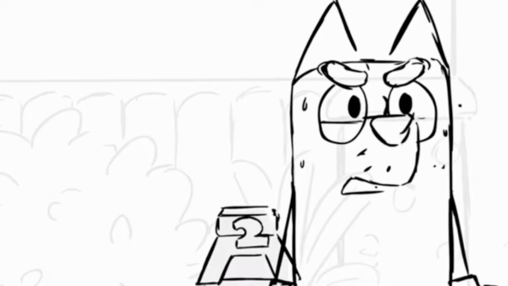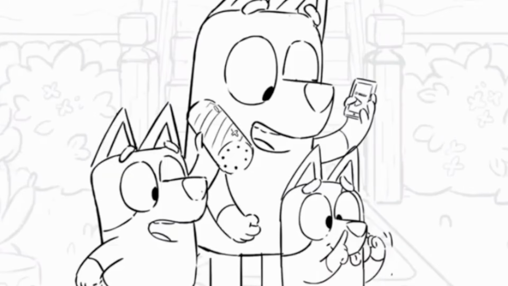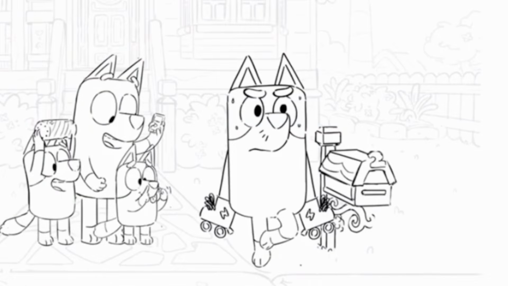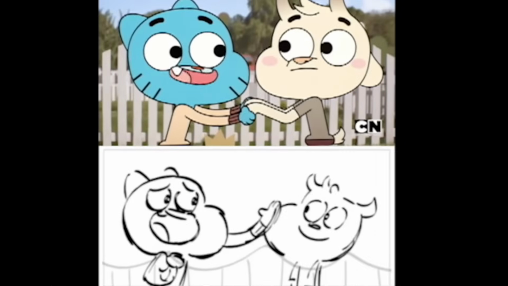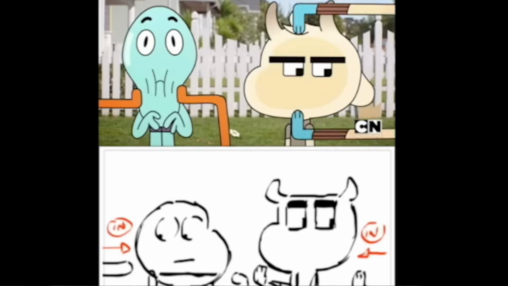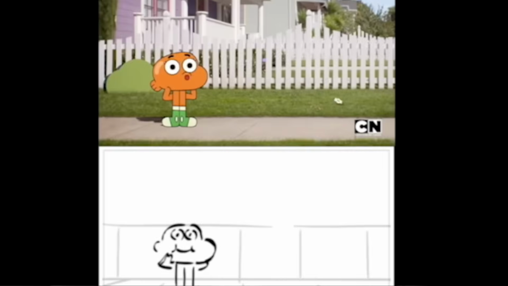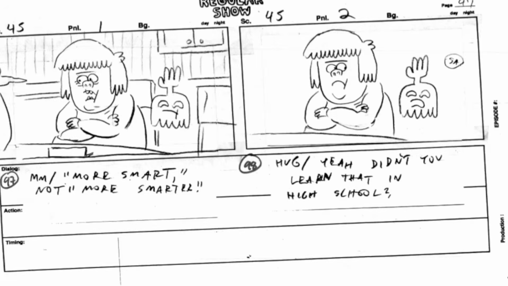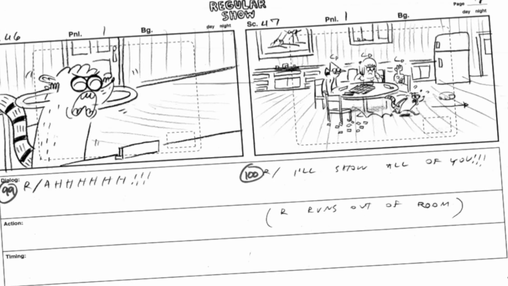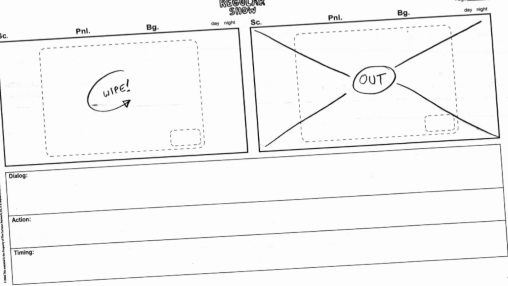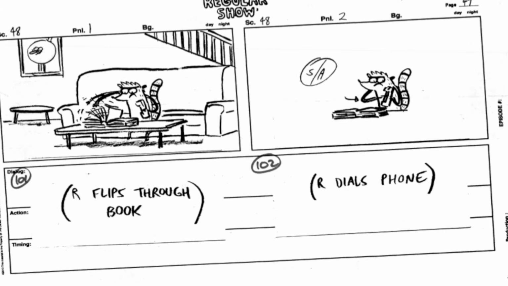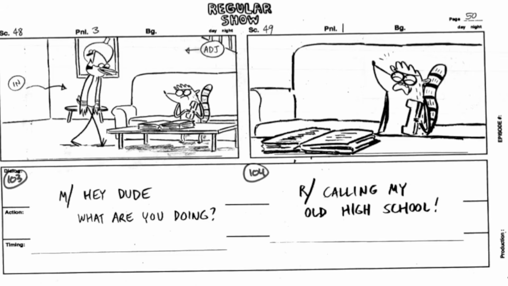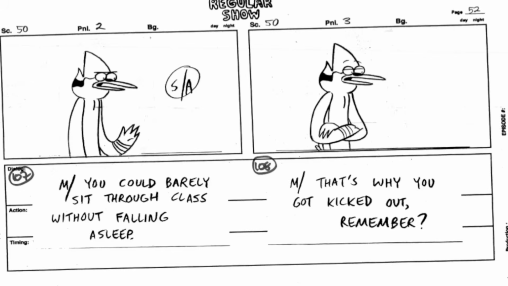It's more very clean, and it's almost kind of like vector-like, where you have to draw everything really crisp and accurate, because most of the times you have to send it overseas to be animated and everything needs to be super clean. Also, it's not very cinematic, and you are very restricted in the way that you're able to board because it's in a sitcom style, which is very flat, and characters usually just kind of walk from left to right across the screen most of the time, not all of the time. So that is my number 6.